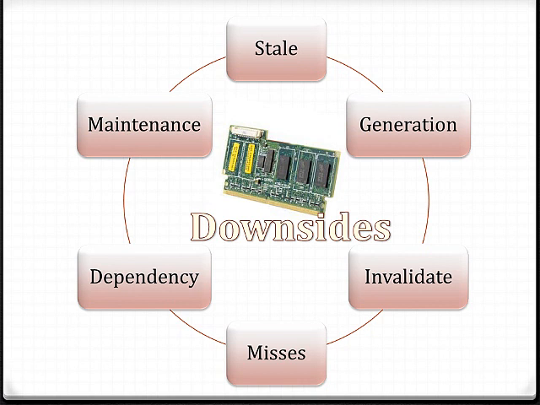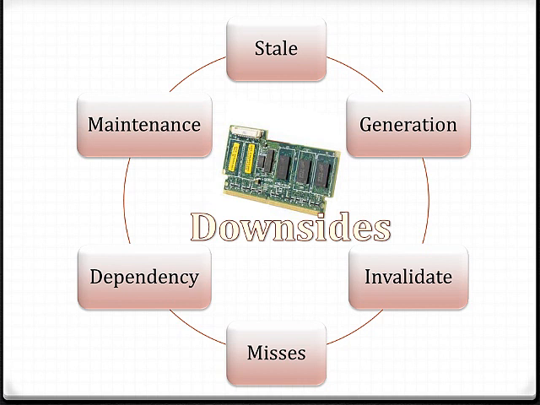I'm going to just pause a bit and talk about some things of cache. So the downsides of cache, obviously we've talked about stale data. The cost of generation: sometimes the cost of generation is very high, and it's not worth it because it's cache, you may just get it directly.